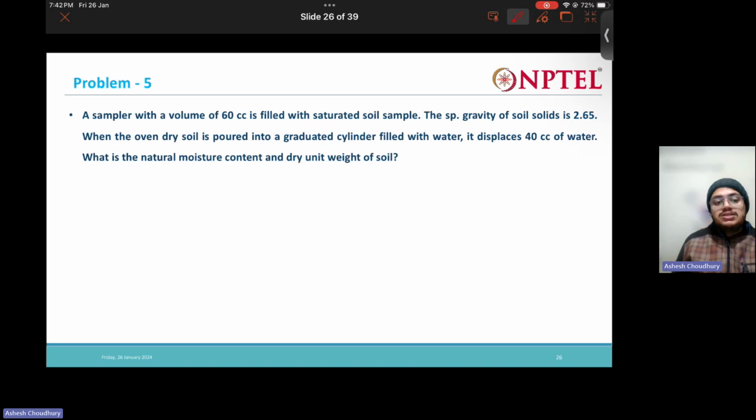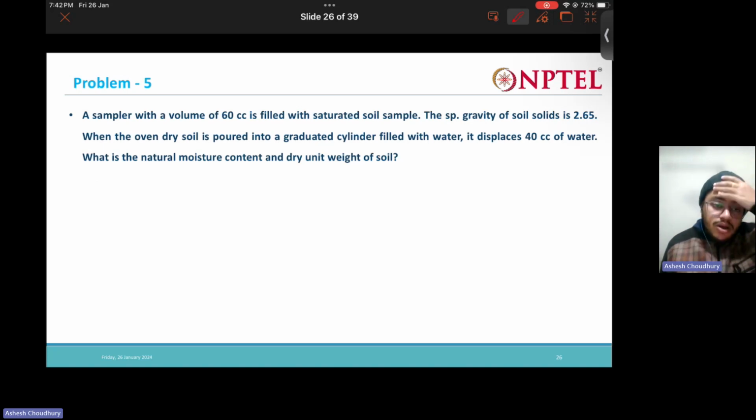So when the oven dried soil is poured into a graduated cylinder filled with water, it displaces 40 cc of water. This means the volume of soil solids is 40 cc.